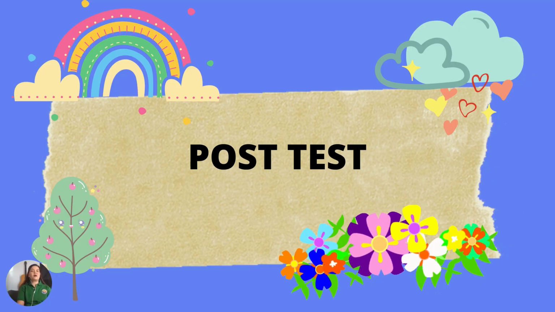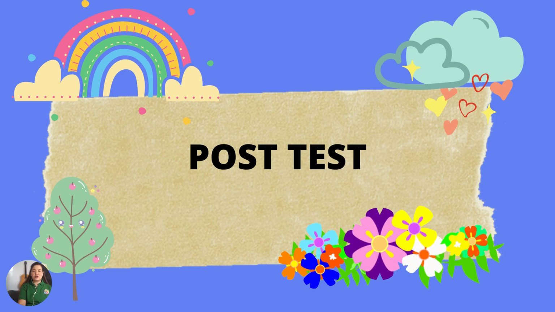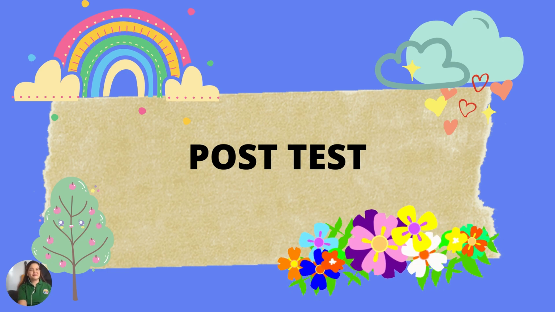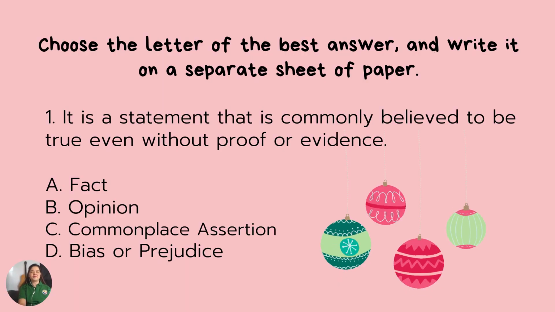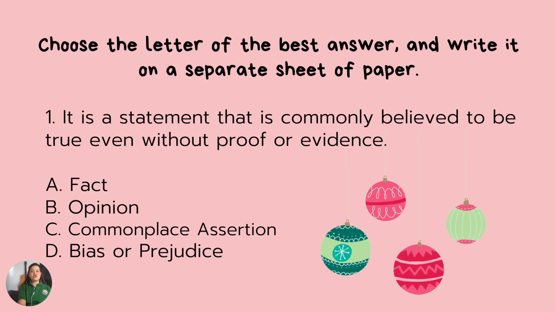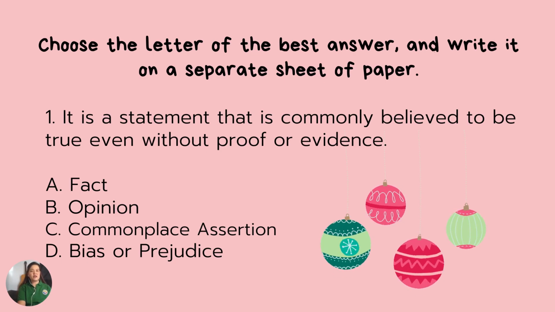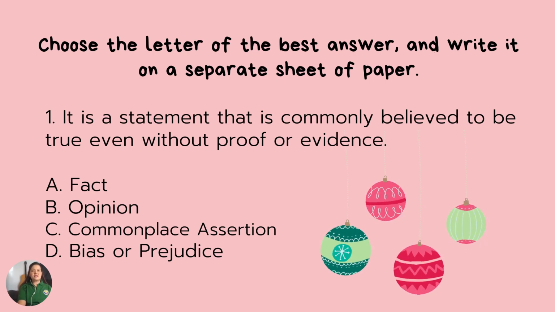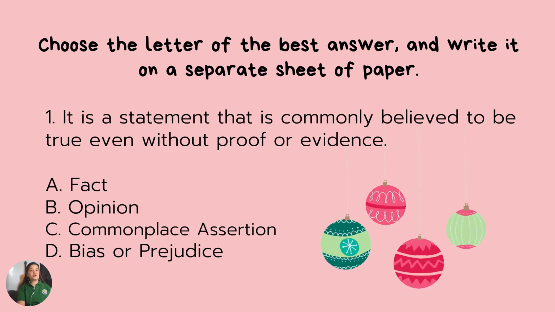Okay, so now we have come up with our post-test. Directions: choose the letter of the best answer and write it on a separate sheet of paper. Number 1, it is a statement that is commonly believed to be true even without proof or evidence.